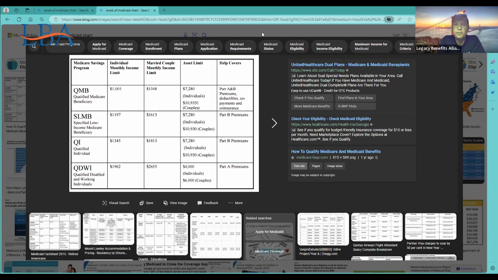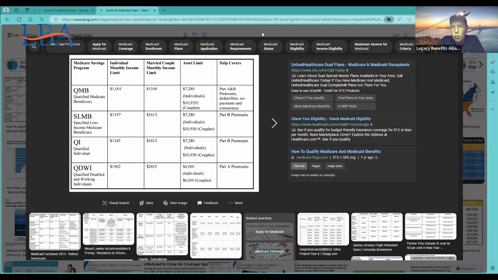Now, guess what? Just like the extra help, the QI1 also generates a Medicaid special election period, which is good from January all the way through September. So if you find somebody who's eligible for QI1 and they have it in place, they have an SEP. If they don't have it in place, then you point them in the right direction to get qualified to get their Medicaid.